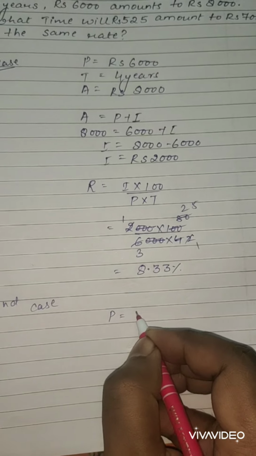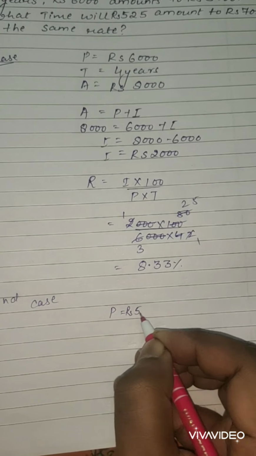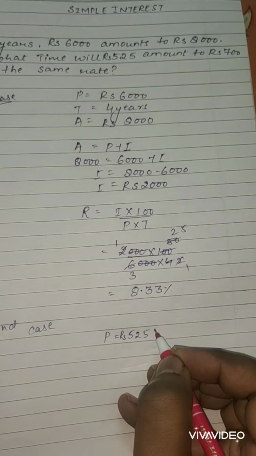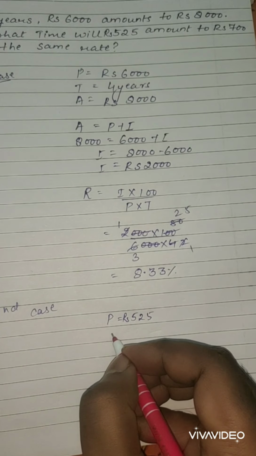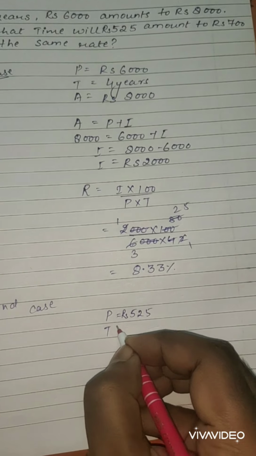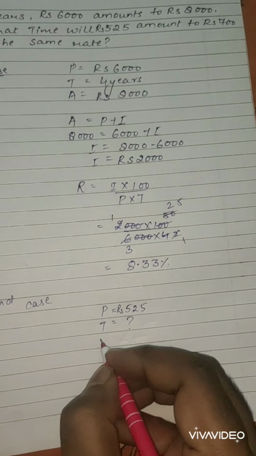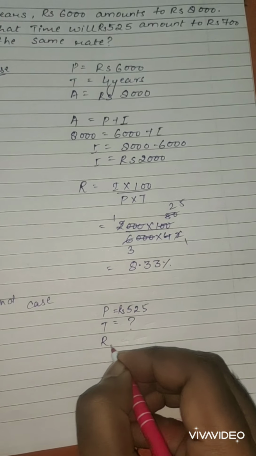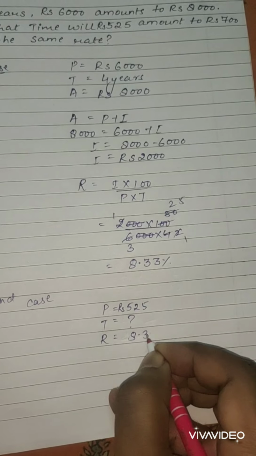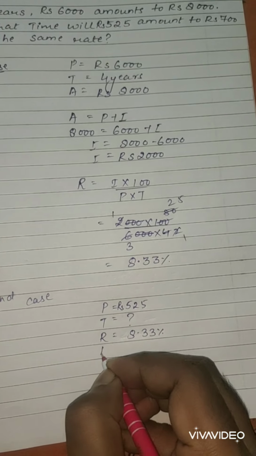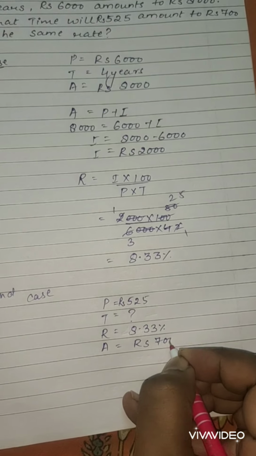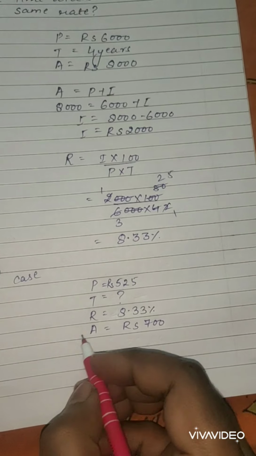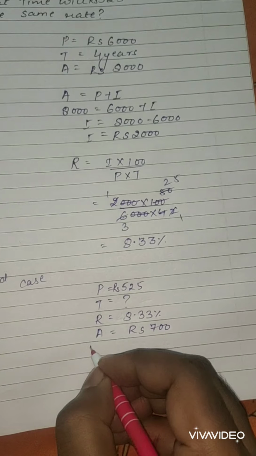So in the second case, what is P? That is rupees 525 given in the question, and we have to take out the time. So time is unknown. Now rate is given, 8.33%, and amount is given, that is rupees 700. So from here we can take out the interest.